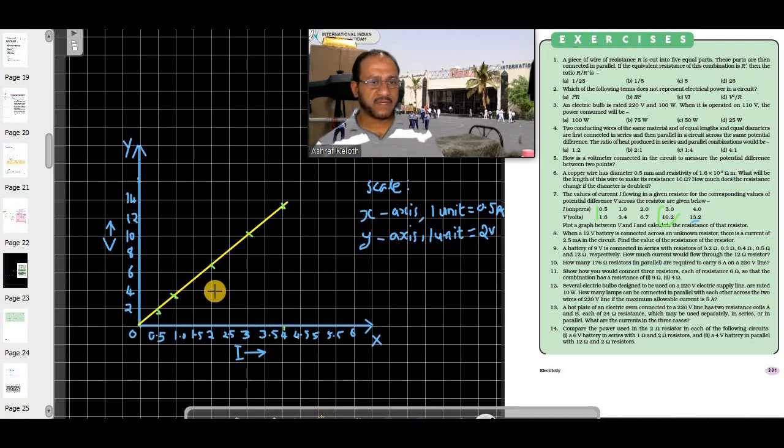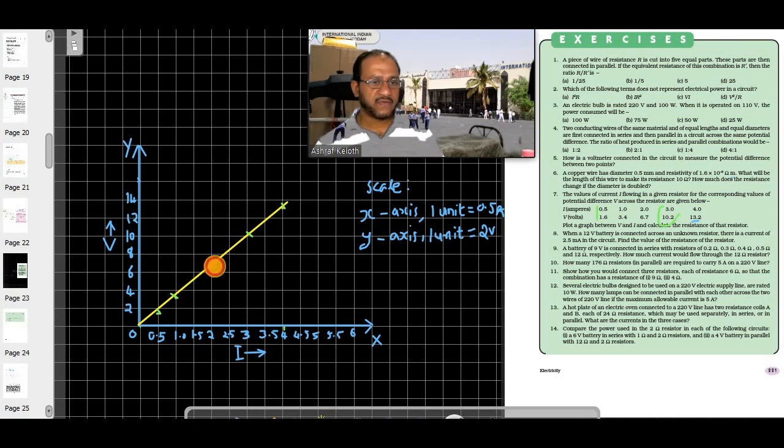The slope of the graph represents resistance. To find the slope of the graph, you can take any two points, like this point and this one, or this one and the last one, or the second point and this one. Suppose I am choosing this as the first point and this last as the second point.